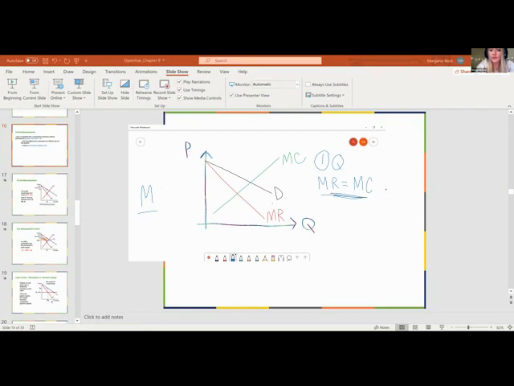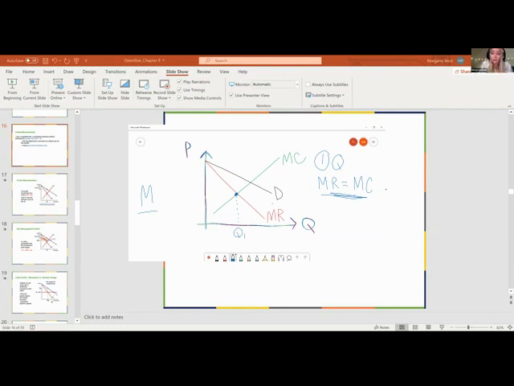We go to the point where marginal revenue is exactly equal to marginal cost. Marginal revenue and marginal cost intersect at this point right here. So this would be the quantity that the monopolist will produce to maximize their profits.